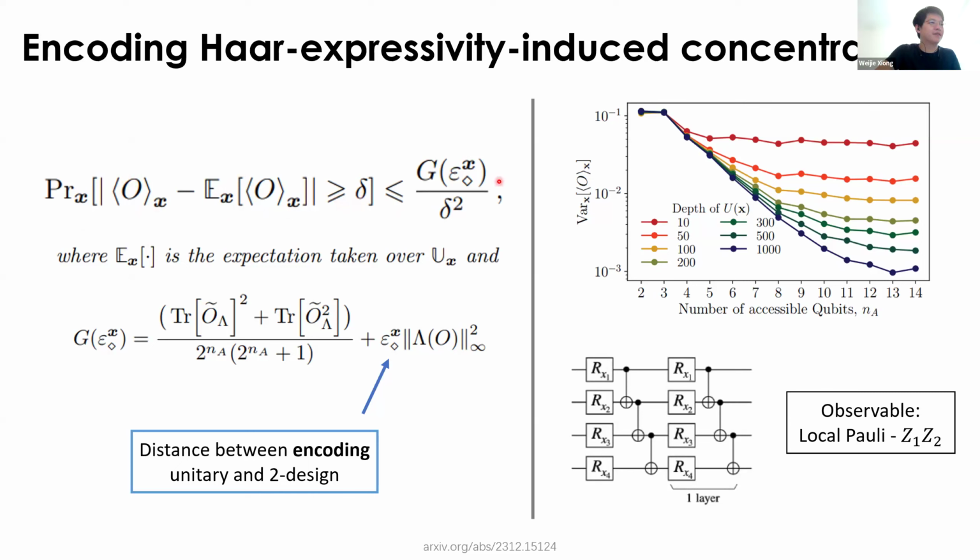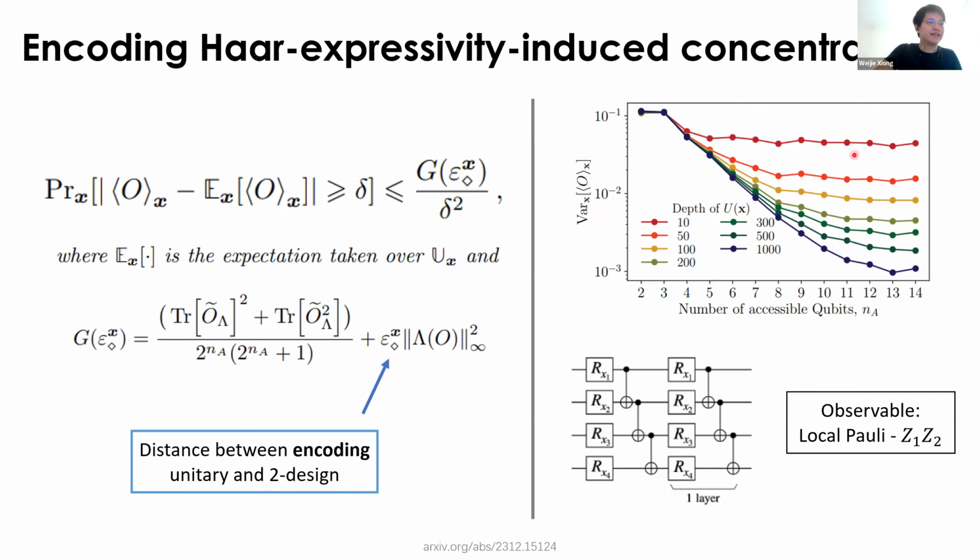Basically, this bound contains 2 parts. The first part scales exponentially in the number of accessible qubits, and goes towards 0 when N_A is very large. The second part is a constant value, and it's determined by the expressivity of the encoding unitary. So basically, this diamond norm will provide you the distance between the encoding unitary and the 2-design.